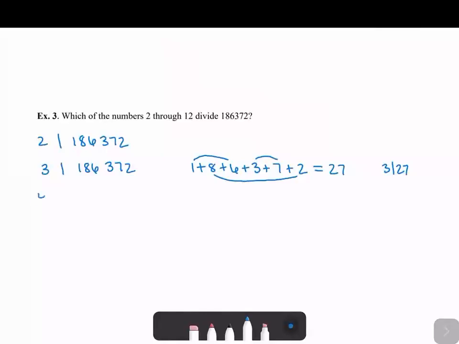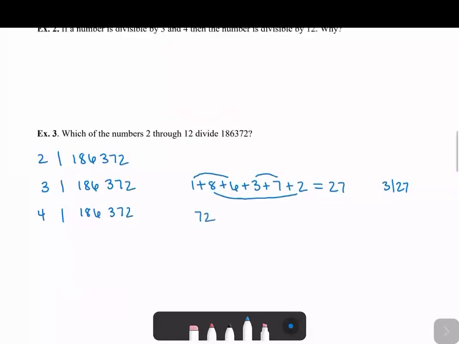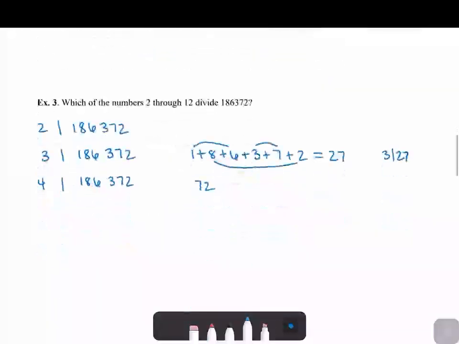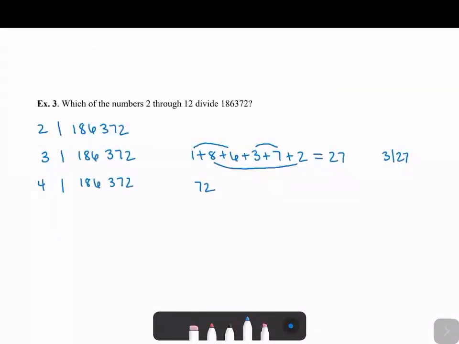So we want to see if 4 divides 186,372. We're looking at the last 2 digits, so 72. And we want to see if 72 is divisible by 4. So we can just divide it if we want. 72 divided by 4. 4 goes into 7 once, with 3 left over.